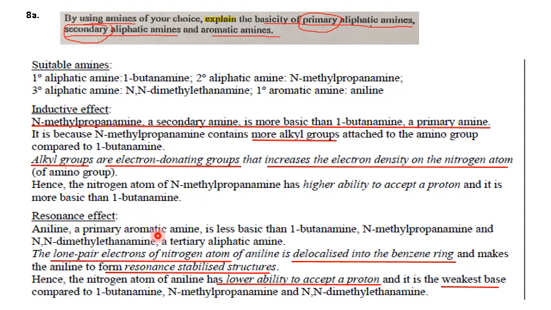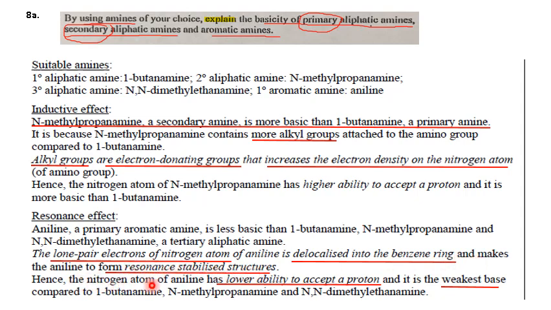So aniline, a primary aromatic amine, is less basic than 1-butanamine, N-methylpropanamine, and N,N-dimethylethanamine, a tertiary aliphatic amine. So among all of these, aniline is the weakest base. The lone pair of electrons on the nitrogen atom of aniline is delocalized into the benzene ring, making aniline form a resonance stabilized structure.